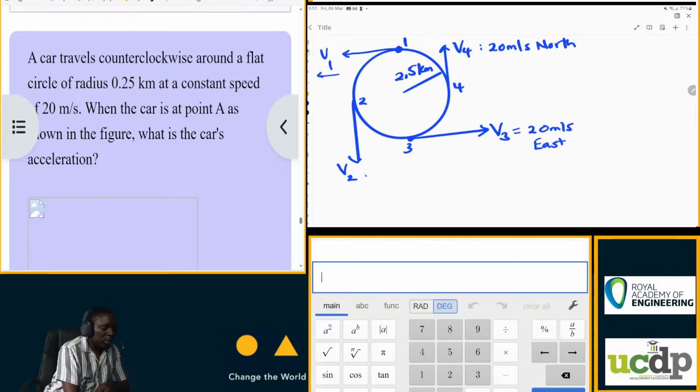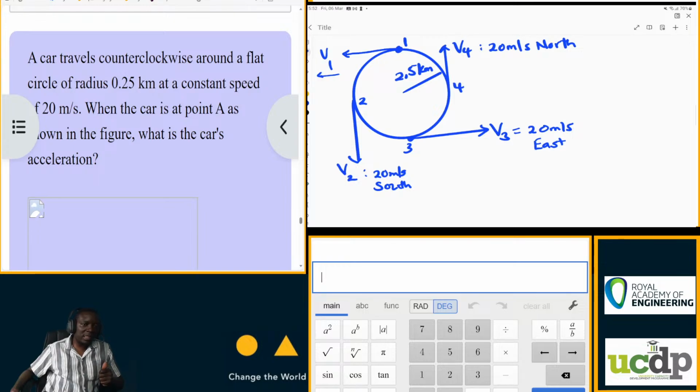That one is 20 meters per second, south. That's how the velocities are different. So the magnitude of the motion is the same, but what differs is the direction. Because direction is different, velocity is different. Because it changes direction, it also changes velocity.